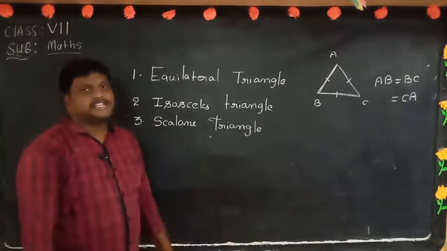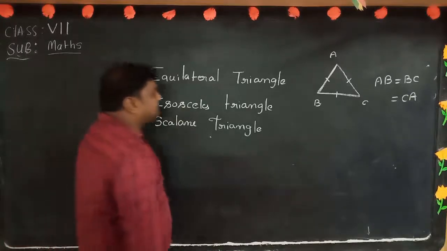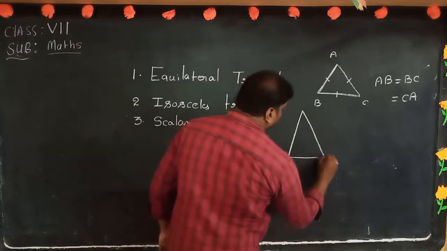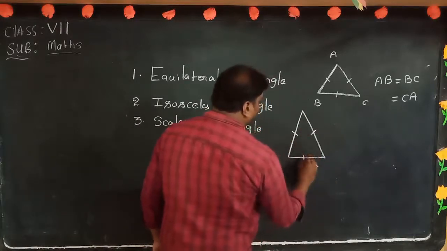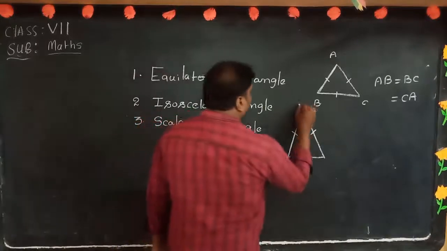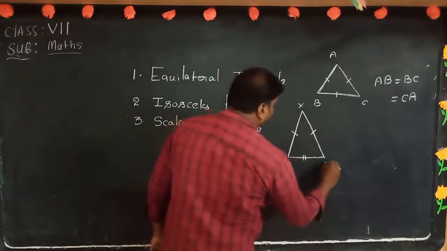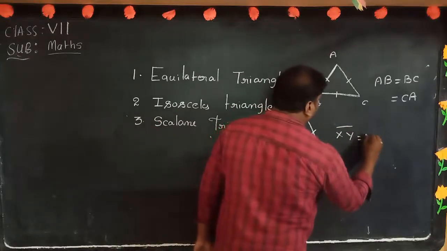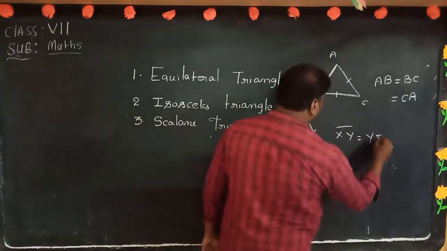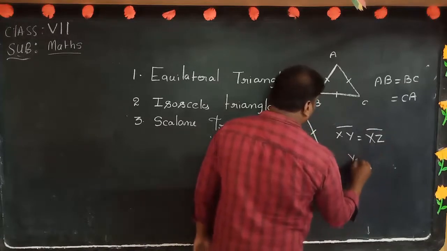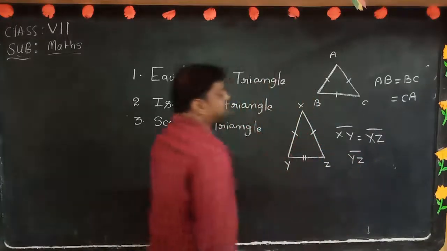Next, isosceles triangle. In isosceles triangle, 2 sides are equal, one is different. Here I am taking X, Y, Z. XY is equal to XZ, but not equal to YZ, which is different.